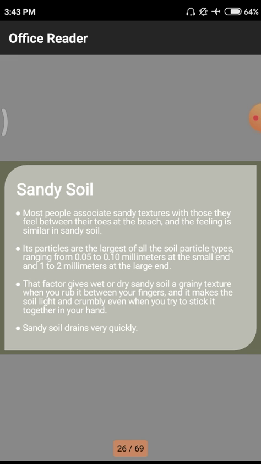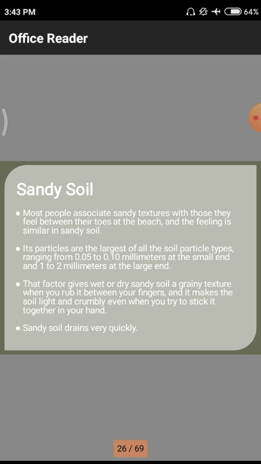Its particles are the largest of all soil particle types, ranging from 0.05 to 0.10 millimeters. The particle size is large because of the sand content, that means silica content. When we compare with other kinds of soils, we have clay soils, silty soils, black cotton soils, and red soils.